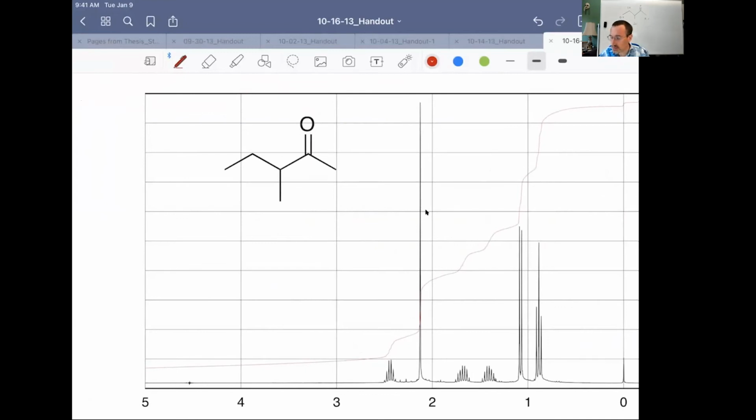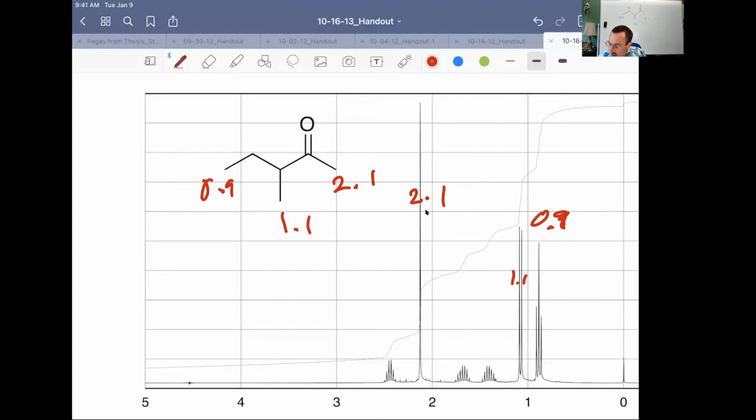All right. So we look at this spectrum, and now we can even start to recognize some patterns. It's very easy to say, okay, look, we have a singlet at 2.1. That's where we'd expect that methyl group, and it's a singlet. We have a triplet at 0.9, and that's where we'd expect that triplet. We have a doublet at 1.1, and that's where we'd expect that doublet.